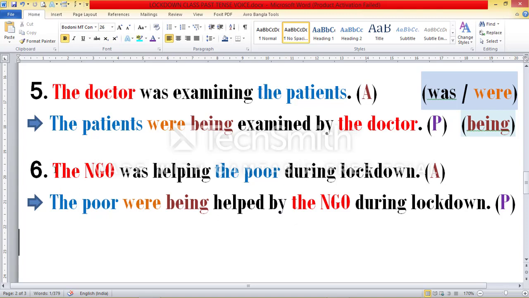Then the subject of the active form will be the object. So the NGO was the subject, now it has become here object. Then after that, you have to add the remaining part of the sentence, during the lockdown. So this is the passive form of the sentence. The NGO was helping the poor during lockdown. The passive form is the poor were being helped by the NGO during lockdown.